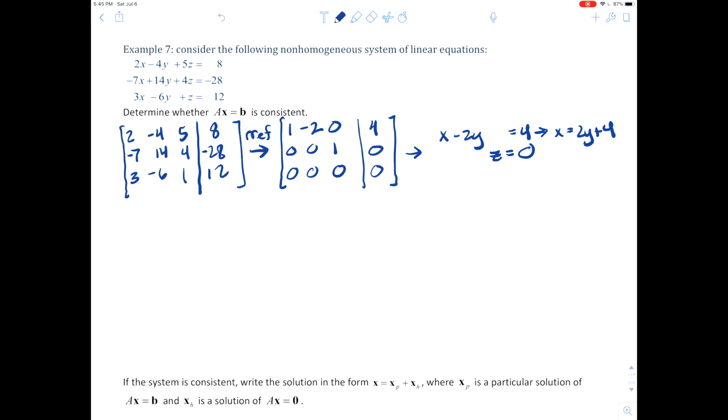Cool, cool? And if we let y equal to t, then x will equal to 2t plus 4.